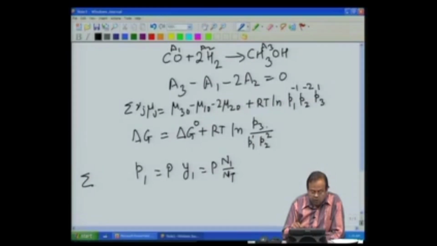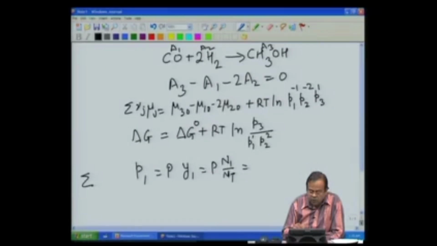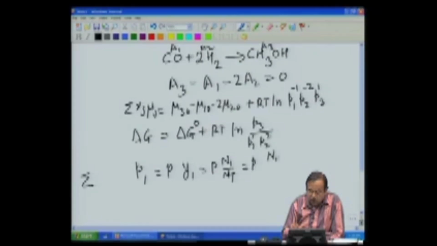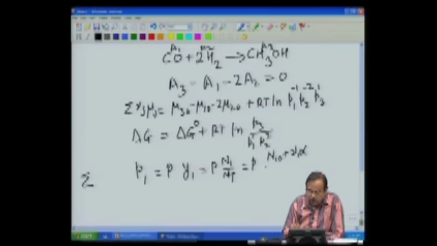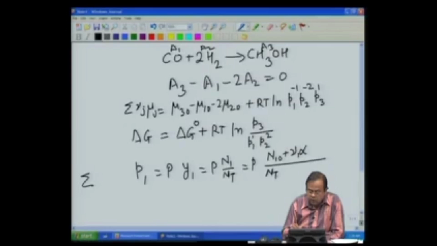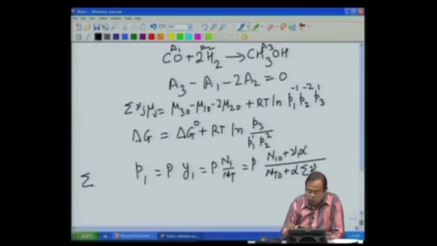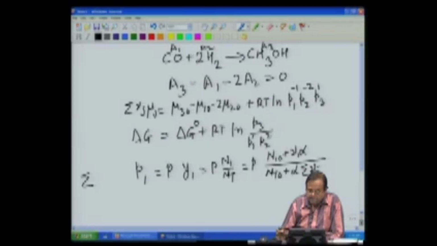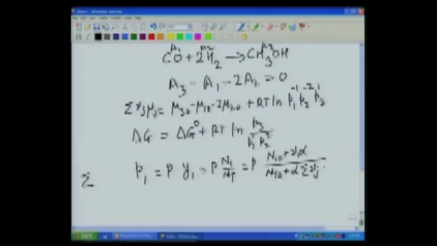What is N1? N1 is N1 0 plus nu 1 into alpha, and Nt is Nt 0 plus alpha summation nu j. So, this is what gives me my equilibrium composition.